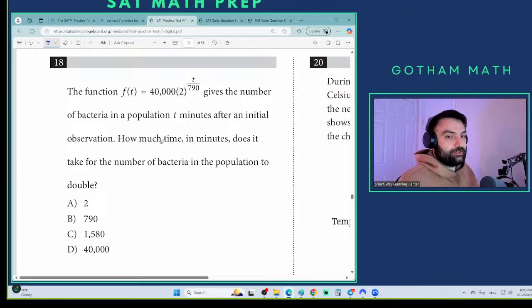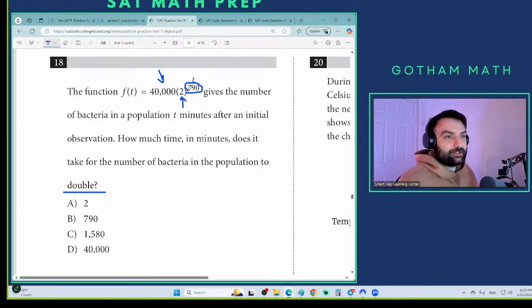Okay, this is a straight up theory question, because it's already in the correct form. If you know where everything is, like that this is the initial value, and that this number two is there because we have a double exponential function, and the time it takes to double goes over here.